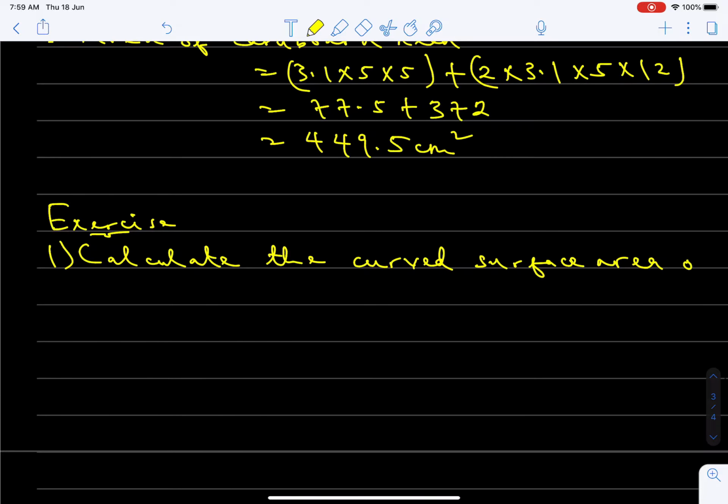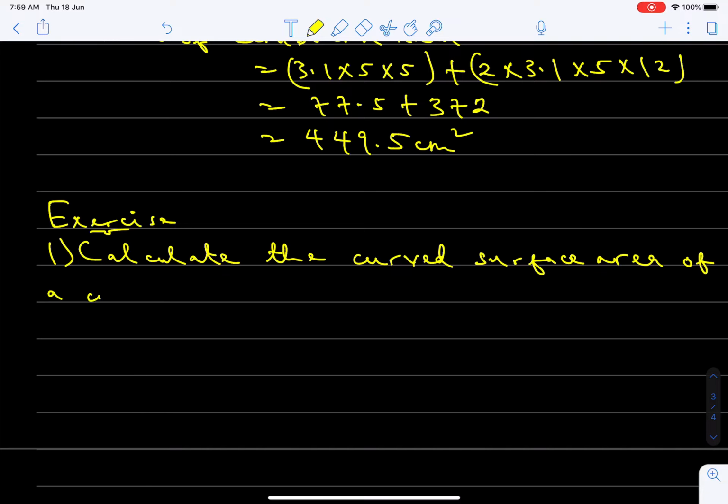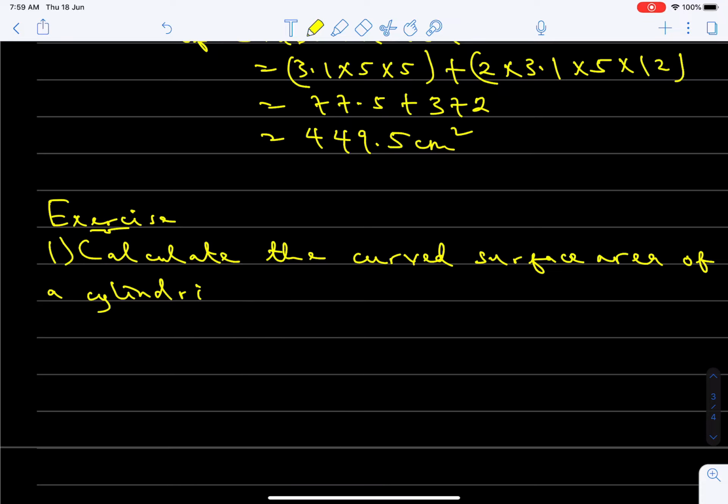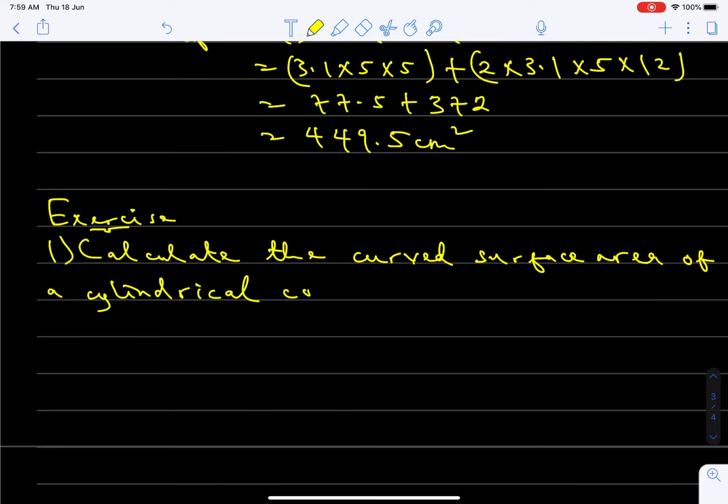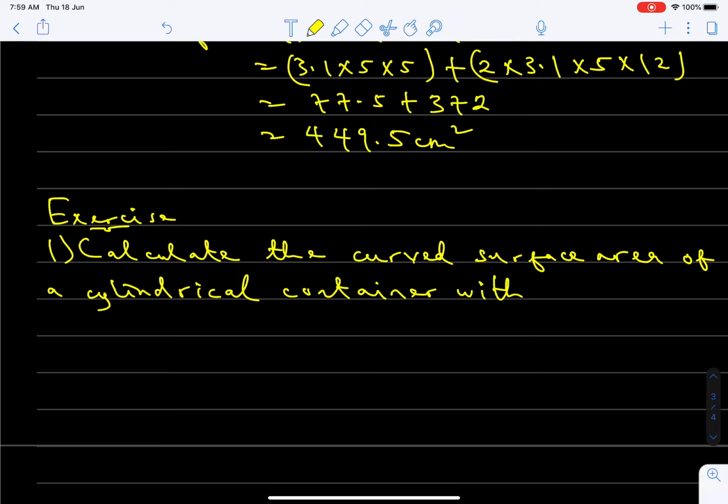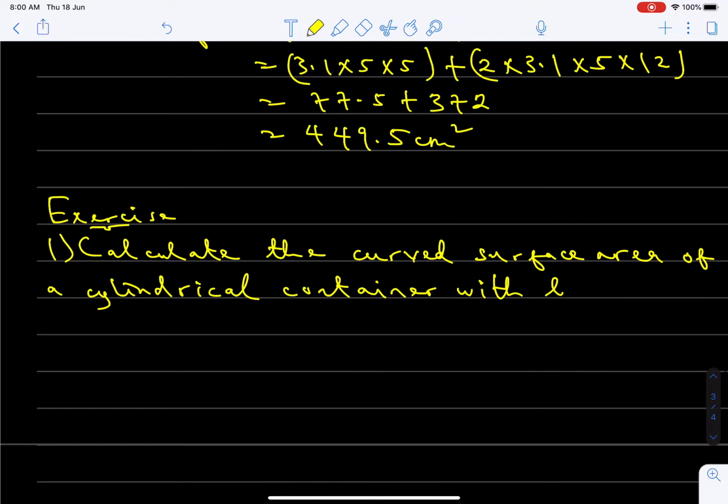Calculate the curved surface area of a cylindrical container with the following dimensions.